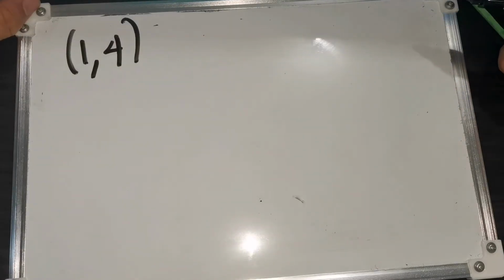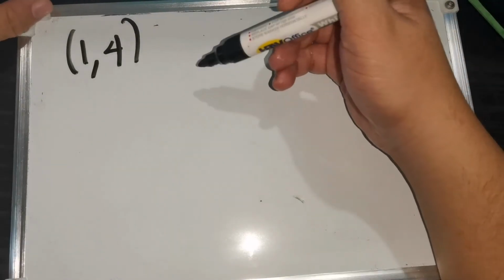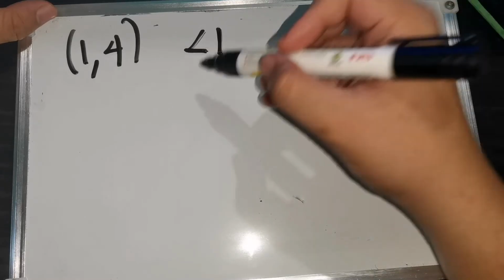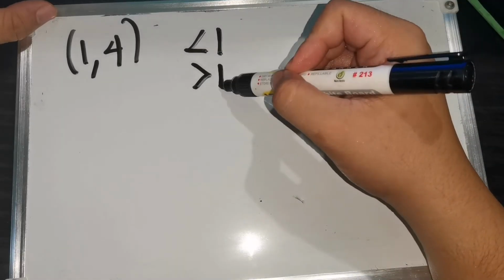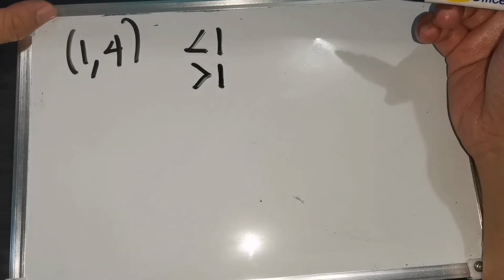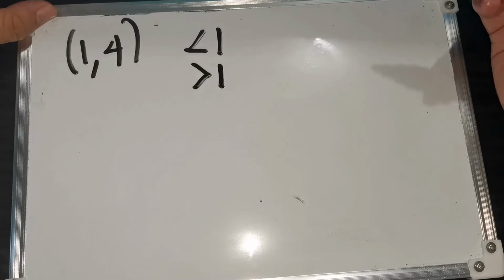So for us to check if this 1 and 4 is your point of inflection, we need to think of a number before your 1 and after your 1. So it should be less than 1 and greater than 1. What is the number which is less than 1 and next to 1?